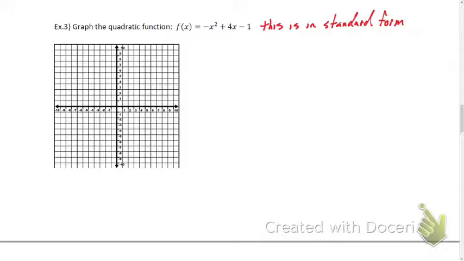And it is very different from number 2. I can't see the vertex. I mean, you could do a ton of math in your head and then maybe figure it out, but we can't just see it like we could on number 2. So we're going to use x equals negative b over 2a to find the vertex.